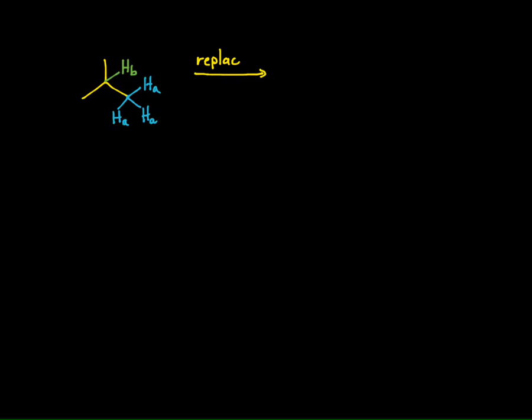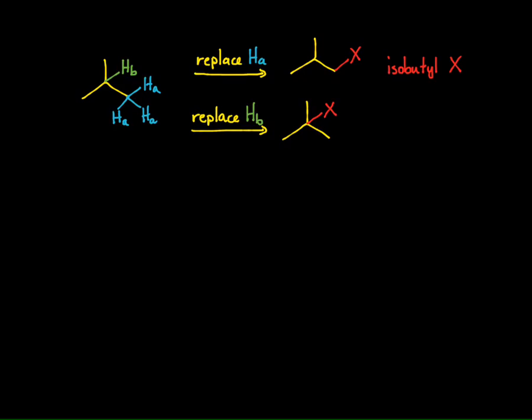If I replace HA with X, I get isobutyl X. So this is where isobutyl is carried over. So isobutyl alcohol, isobutyl chloride, isobutyl bromide. When I replace HB with X, then I get this structure right here. And we call this a tert-butyl compound, tert-butyl alcohol, tert-butyl bromide.